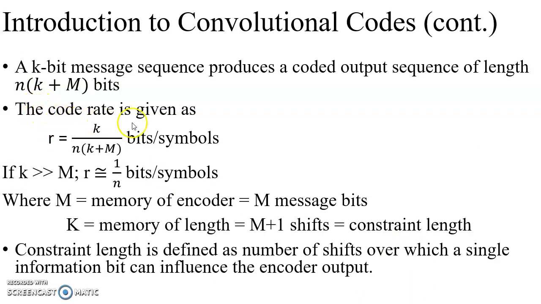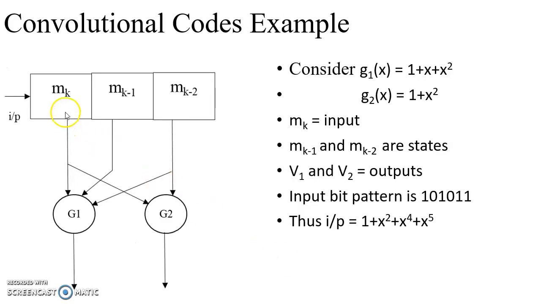To find the code rate, r is equal to k upon n into bracket k plus M, where capital M stands for the memory of the encoder. The constraint length is defined as the number of shifts over which a single information bit can influence the encoder output, or it can be treated as the number of shift registers.